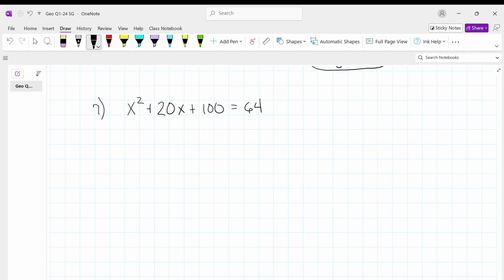And again, please recognize that the first term is a perfect square, and so is the last term. So this is a perfect square trinomial. So our factors of this trinomial are x plus 10 squared. The square root of x squared is x. The square root of 100 is 10. We square it. It's equal to 64.